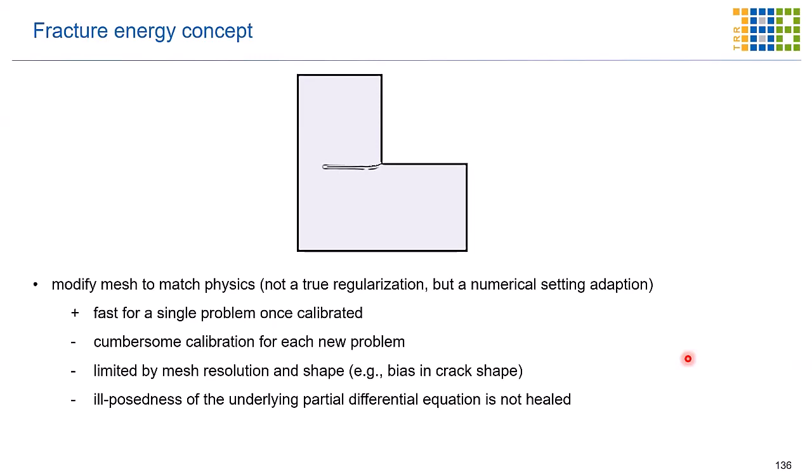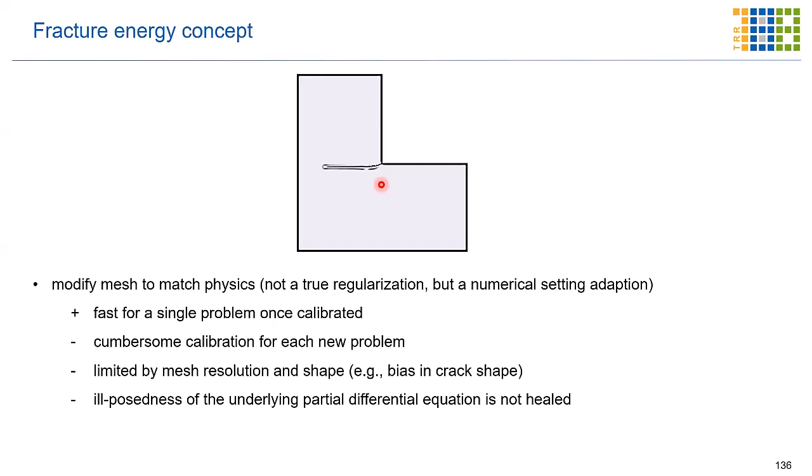It aims at modifying the mesh to match the physics. So it's not really a true regularization, but an adaptation of the numerical settings. So knowing your mesh and knowing your physics, you can try to match both, to adjust all the numerical settings such that they match the physics.